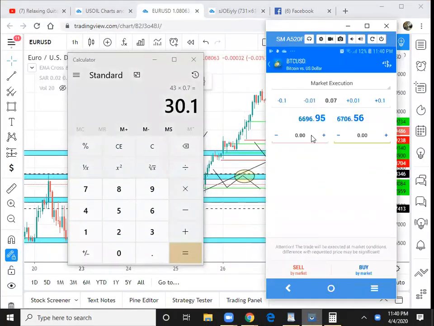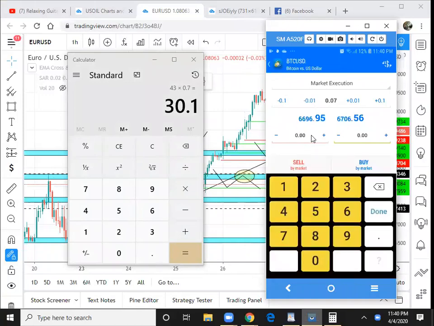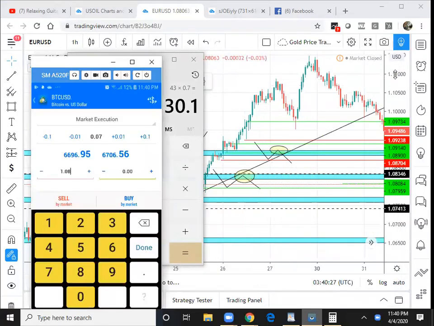So you put that number. And then for the take profit level, which is this green part, you can leave it blank or you can put it at a price where you're expecting it to go, right?